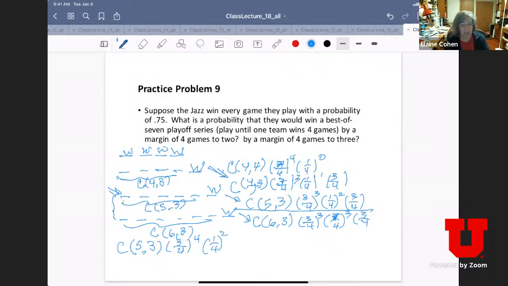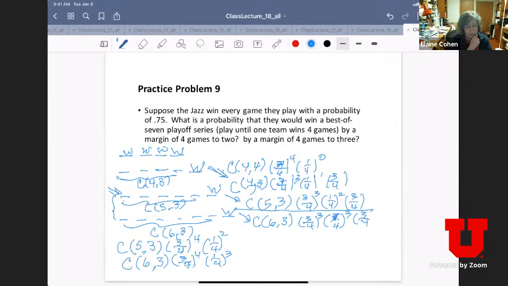If they won in 7, then we have 6 choose 3, 3/4 to the 4th, 1/4 cubed.